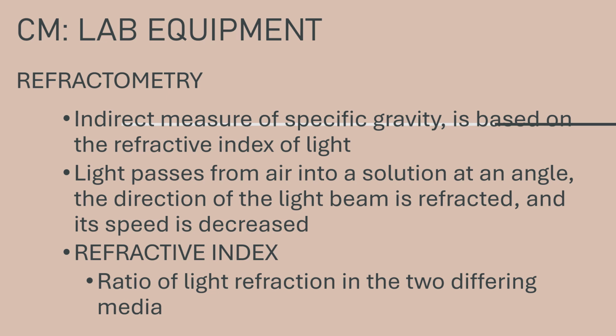It is more accurate than the urinometer. Refractometry is an indirect measure of specific gravity, based on the refractive index of light. The light passes from the air into a solution at an angle, and the direction of the light beam is refracted and its speed is decreased.